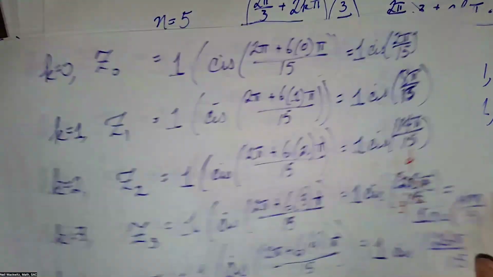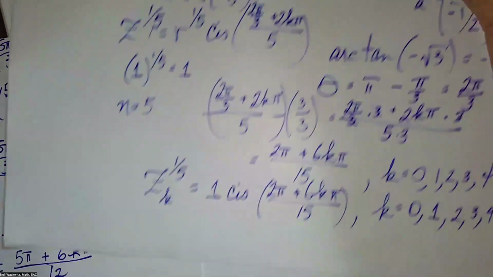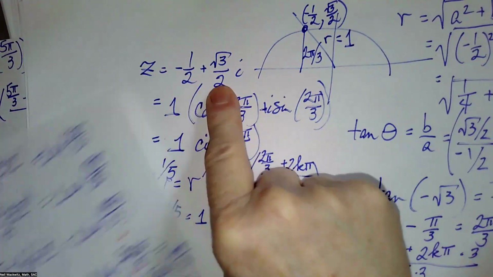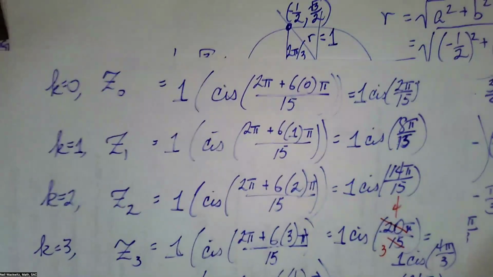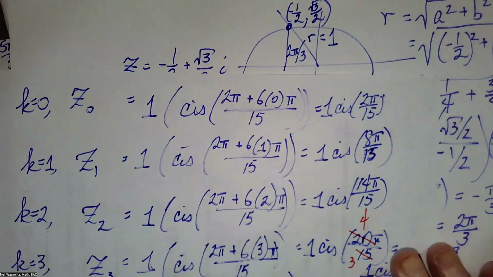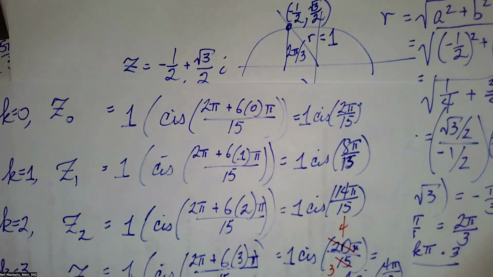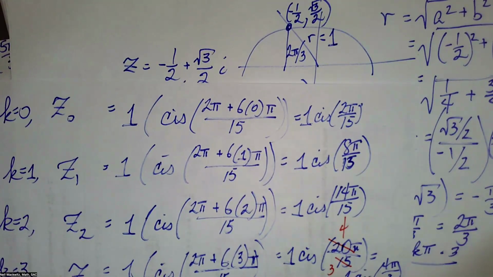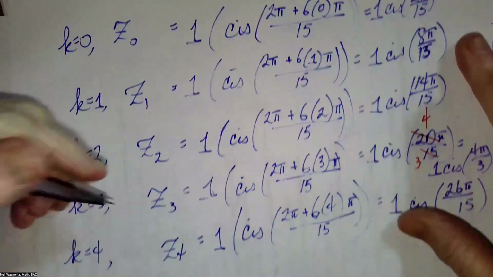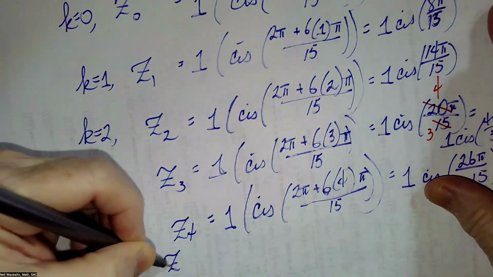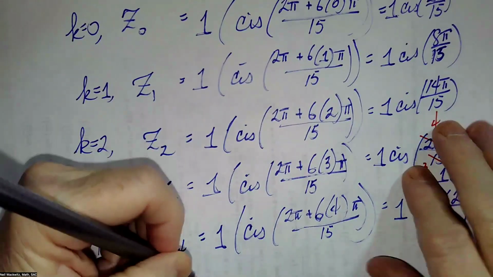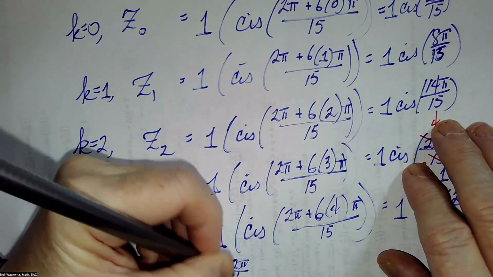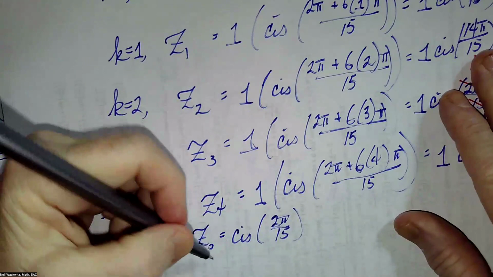Now, this one, we started with a point in rectangular coordinates. So we need to write our answer in rectangular form, but we have some really bizarre angles. So this is great fun. Let's look at, we've got z naught is this 2 pi over 15.